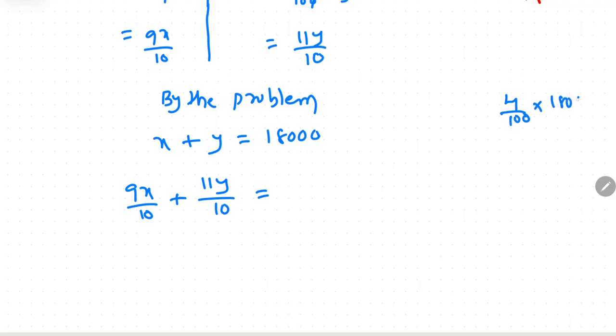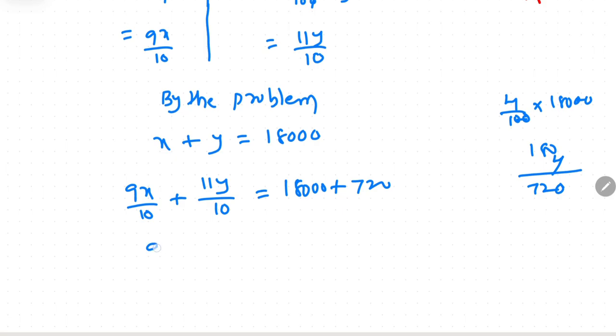So 18,000 into 104 gives 18,720. So 18,000 plus he got 720 profit.